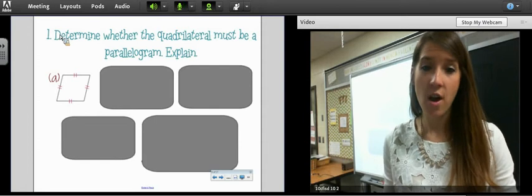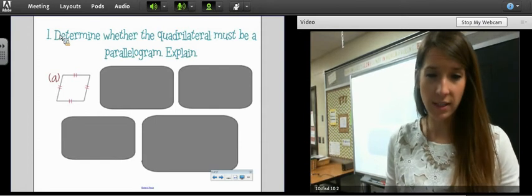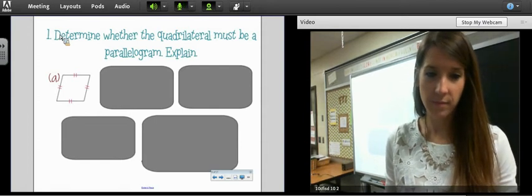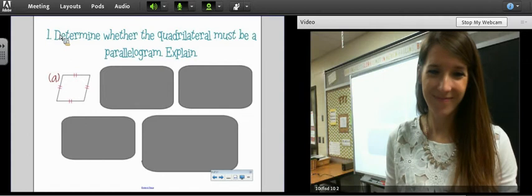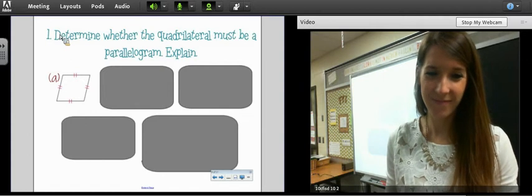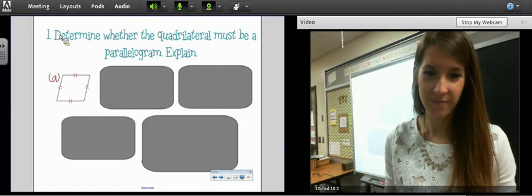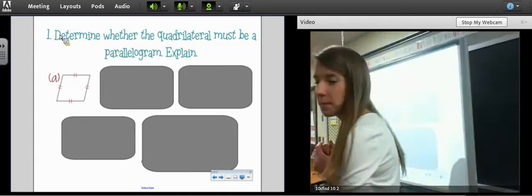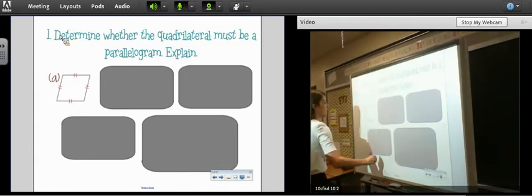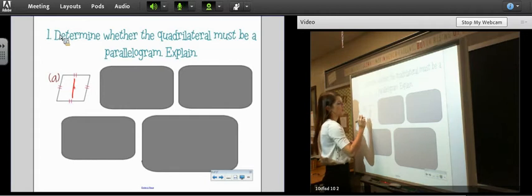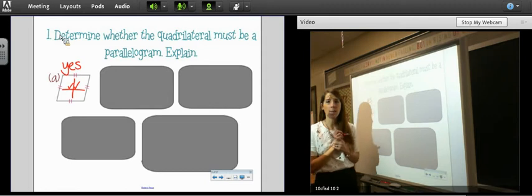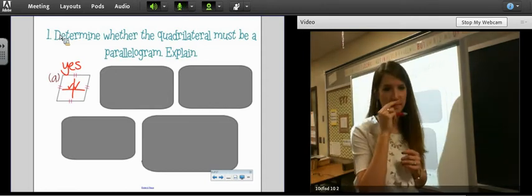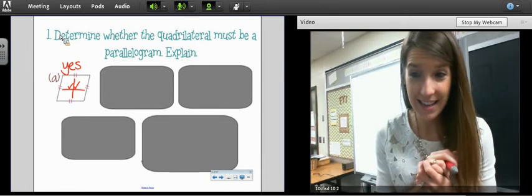So for A, are both pairs of opposite sides congruent? It's taking y'all a long time to answer. So, they are. These are congruent, check. These are congruent, check. So I would say yes, it is a parallelogram because opposite sides are congruent. Yes, A is a parallelogram.